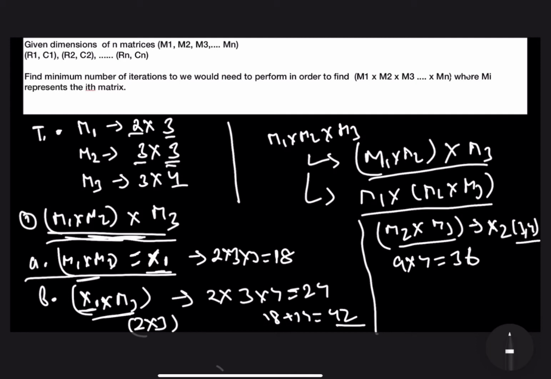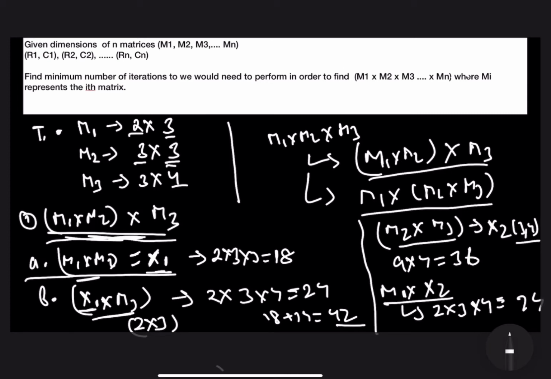Now in the second step, we will be performing M1 cross X2. The number of iterations to perform this M1 cross X2, from the property again, will be 2 into 3 into 4, that is 6 into 4, that is 24.